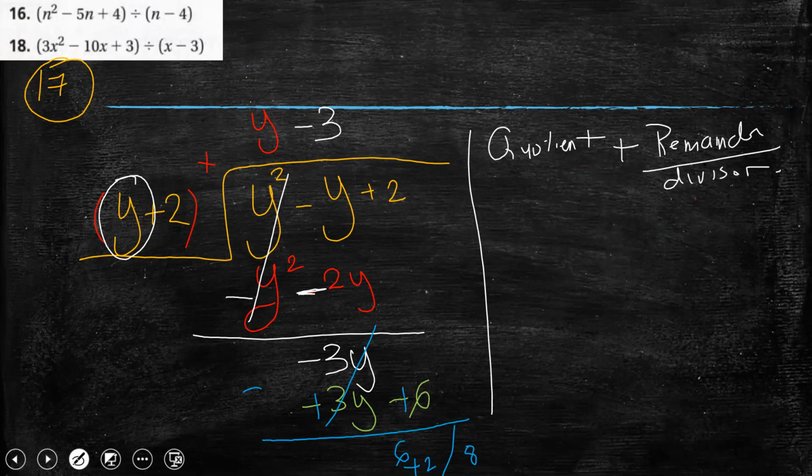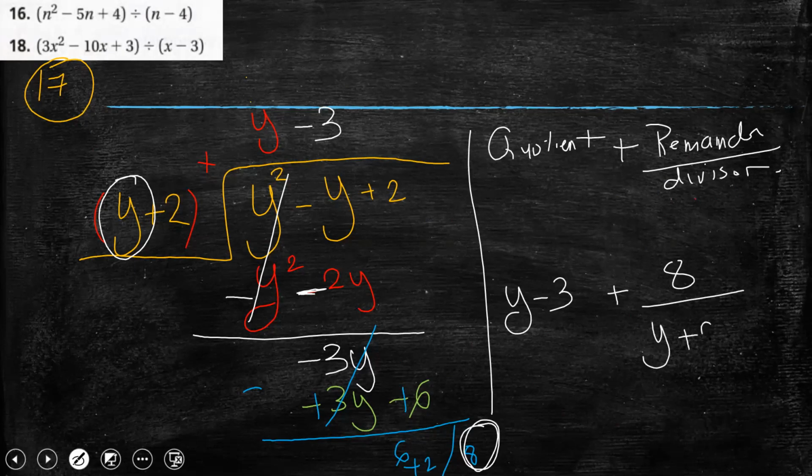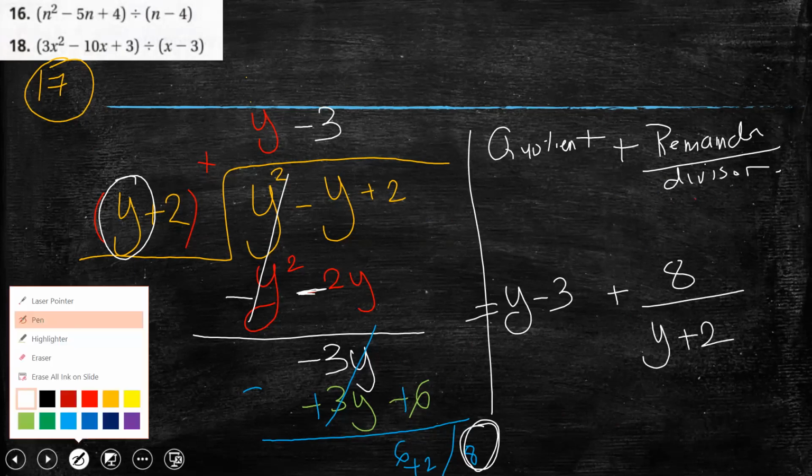This is the formula. Where is the quotient here? It is y minus 3. Where is the remainder? 8. Where is the divisor? y plus 2. Yes, this is the final answer.